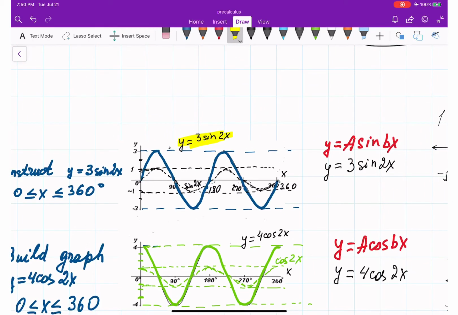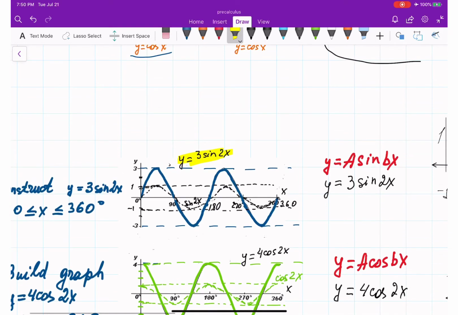Look, when it comes to amplitude, amplitude doesn't change the period at all. Whatever period sine has, be it x, be it 2x, be it 5x, it stays the same. Like I said, amplitude is changing up and down. Period is running horizontally on x-axis. Amplitude is running vertically on y-axis.